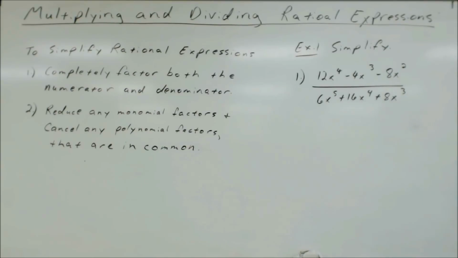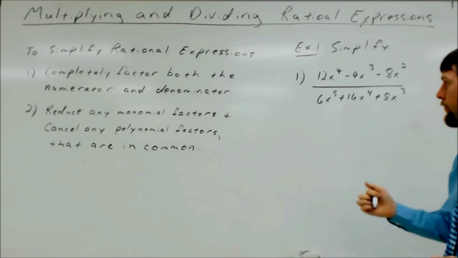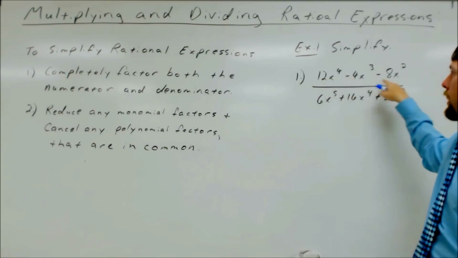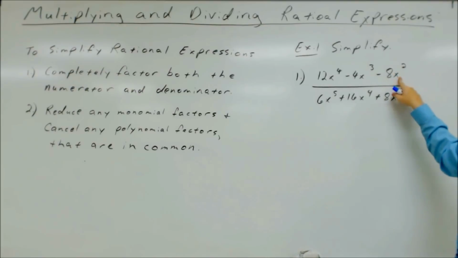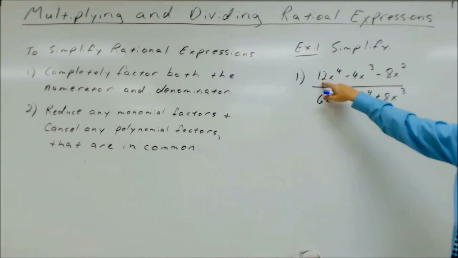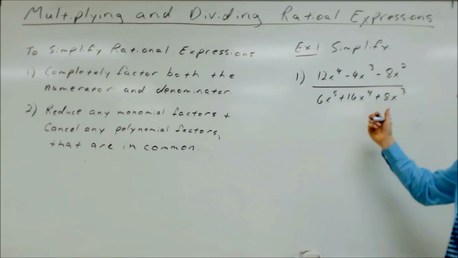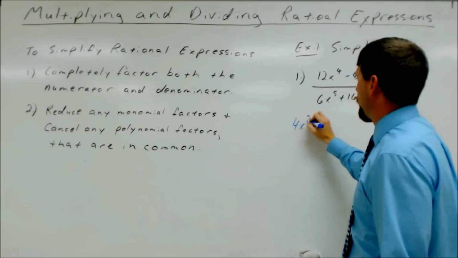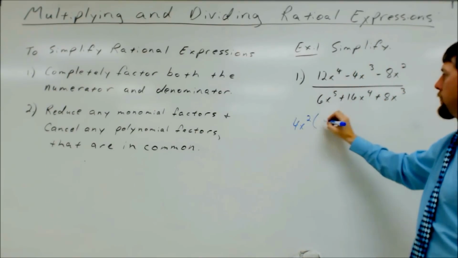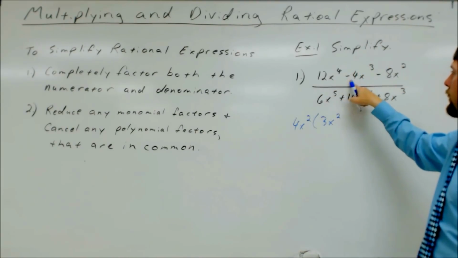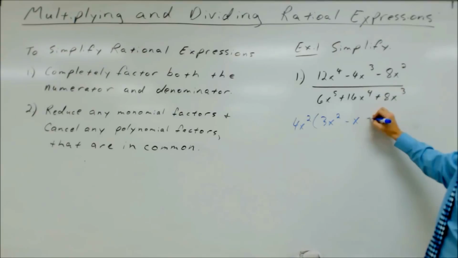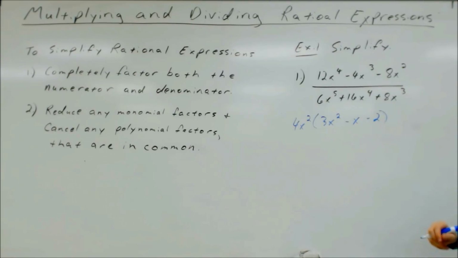So, let's start right here. 12x to the 4th minus 4x cubed minus 8x squared. So we're going to factor that. Initially, we're going to look for a common factor. All of them have at least an x squared. All of them will divide by 4. So we have a common factor of 4x squared. So that's going to leave me 3x squared minus x minus 2.